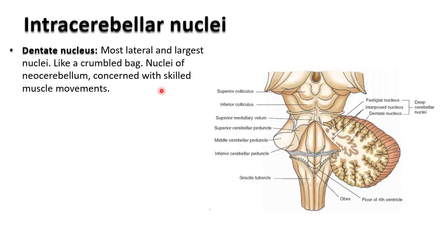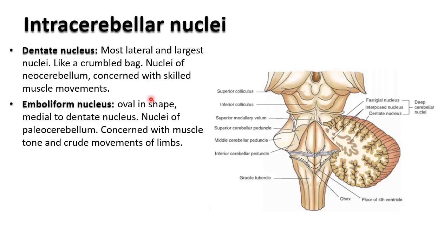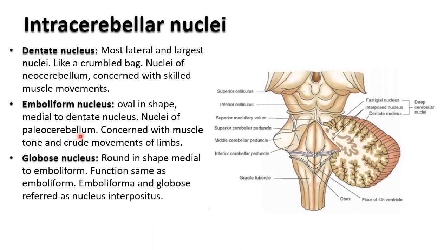The next nuclei which you see are the emboliform and the globose nucleus. Emboliform is oval in shape, medial to the dentate nucleus. They are concerned with muscle tone, so they are nuclei of the paleocerebellum. In the same way, the globose nucleus also has the same function. It is somewhat round in shape.